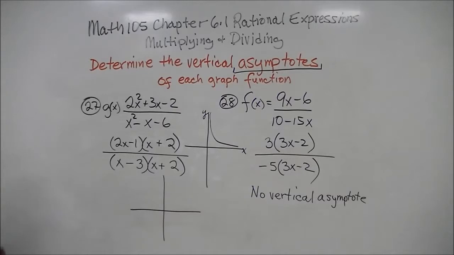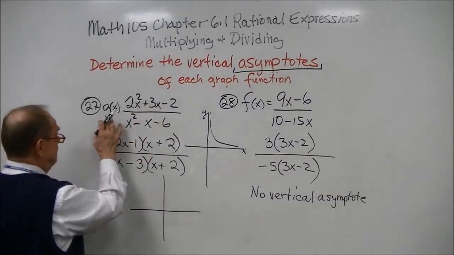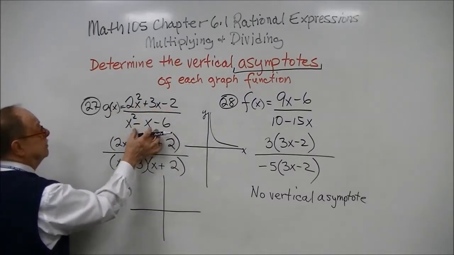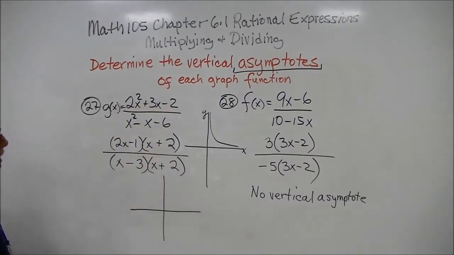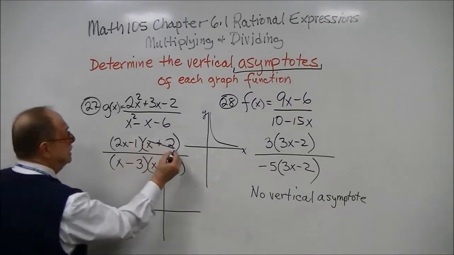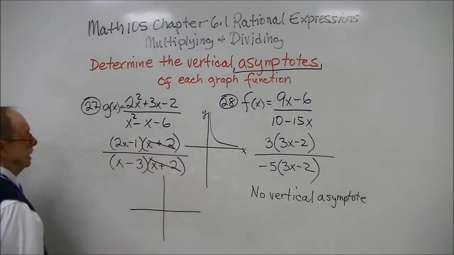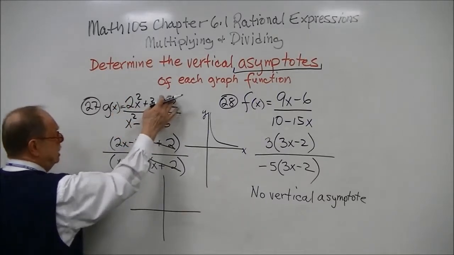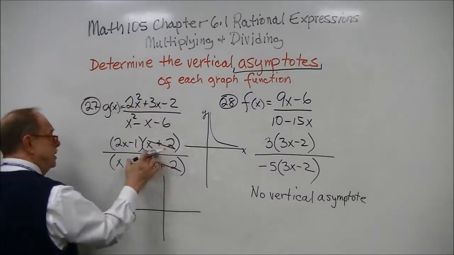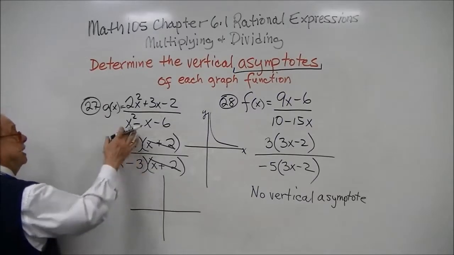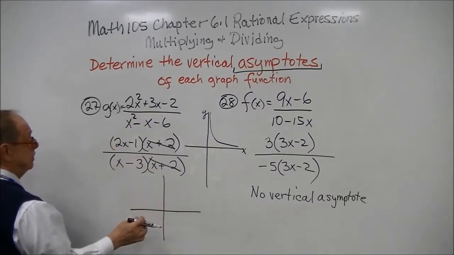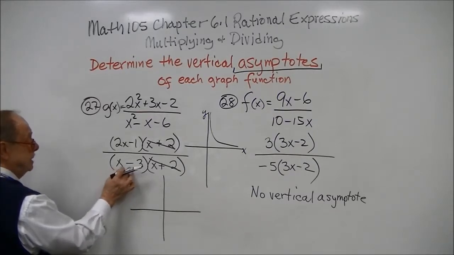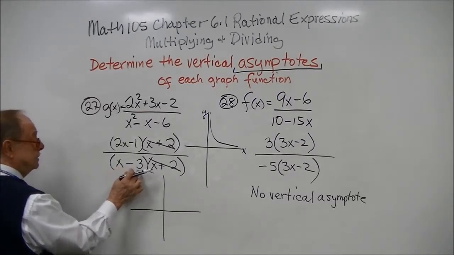Here we see the function of g is this, so we factor it, and I've done that. And then we see that these cancel out. Now keep in mind that when you graph this is a parabola, but notice that when we actually work it, it cancels out, and all that is left in the denominator is x minus 3.